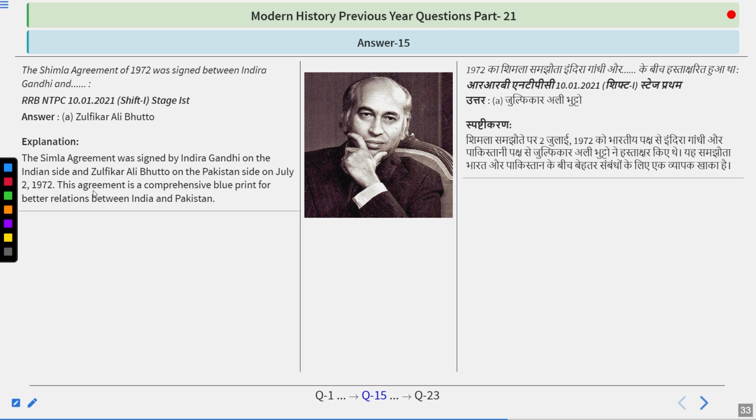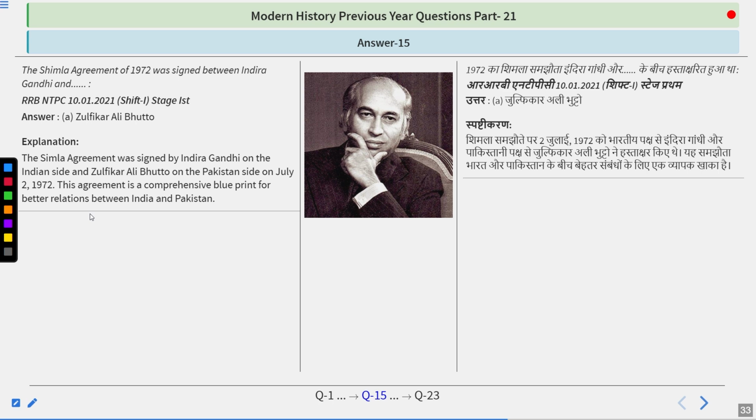on July 2, 1972. This agreement is a comprehensive blueprint for better relations between India and Pakistan. Under this agreement, a few things were done, like the area which the Indian Army got under its control during the 1971 war was transferred back to Pakistan.